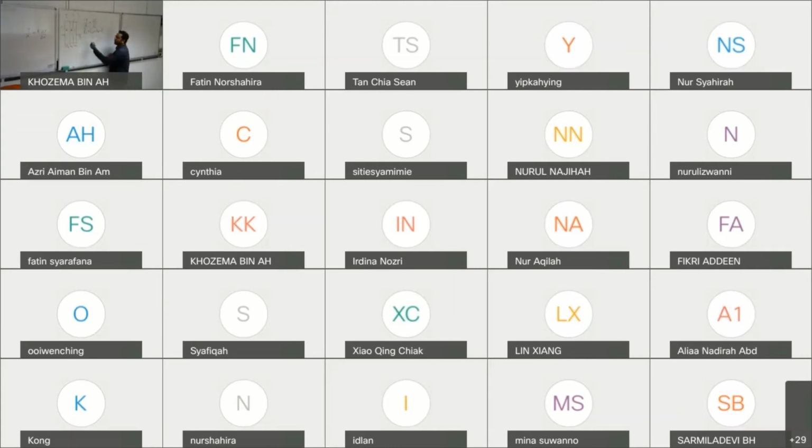To get the value of RA, it is delta XA over KA. To get the value of RB, it is delta XB over KB. And the same thing for RC.